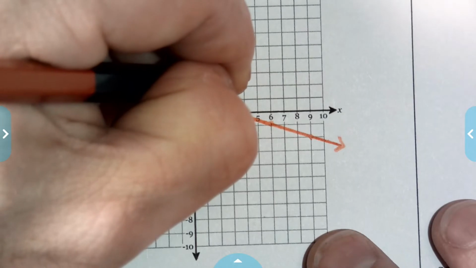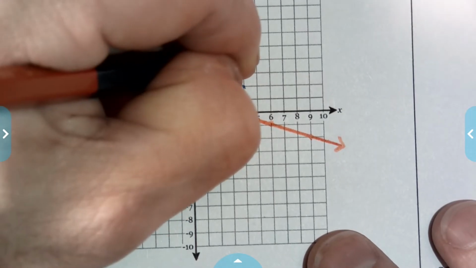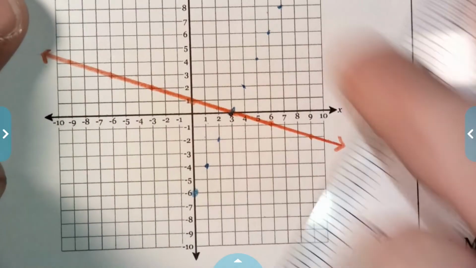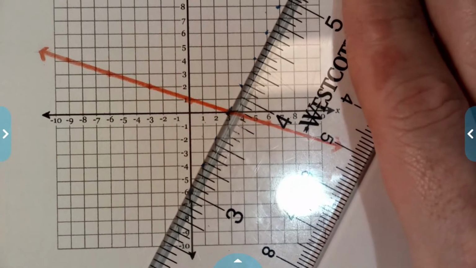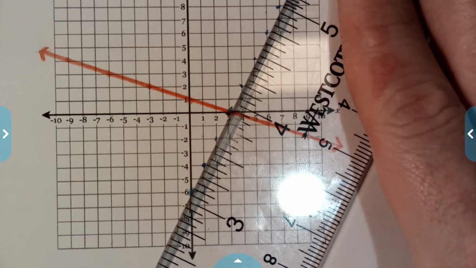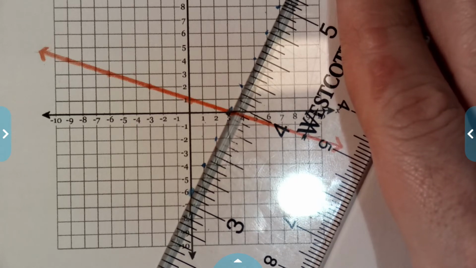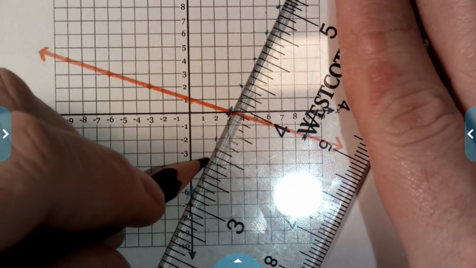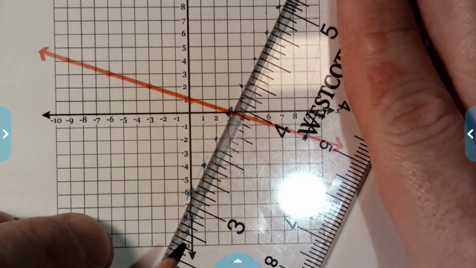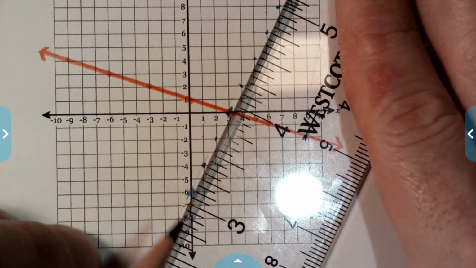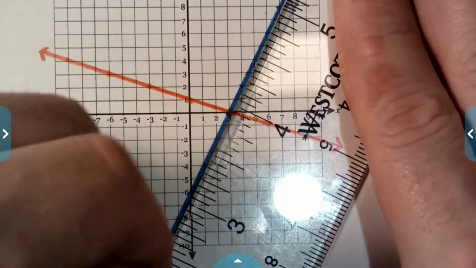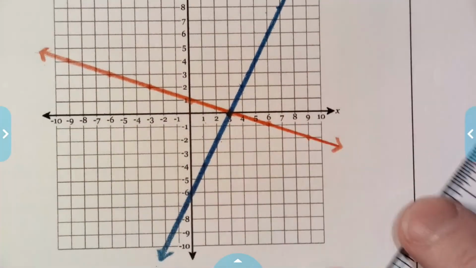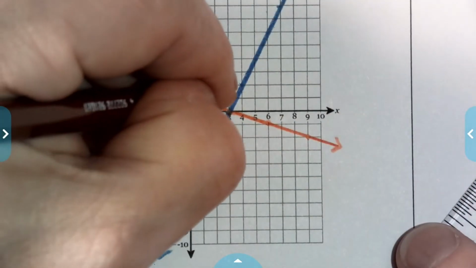Up 2 over 1, up 2 over 1, up 2 over 1, up 2 over 1. So we can plot this line in here. Okay, so that's the second line, and the point of intersection is right here.